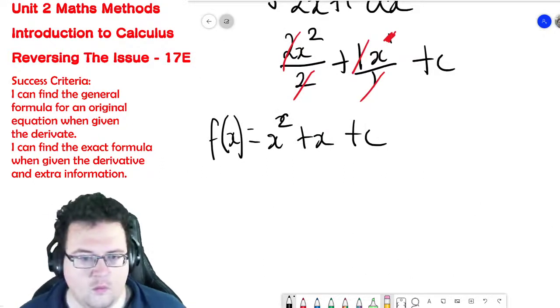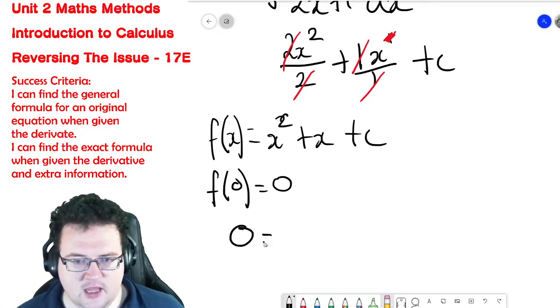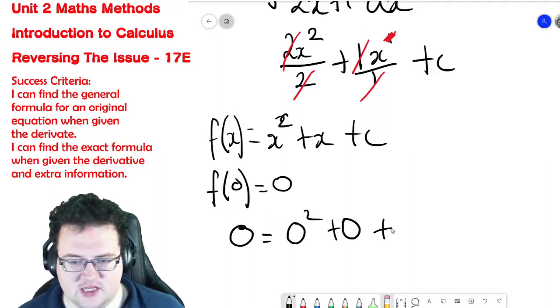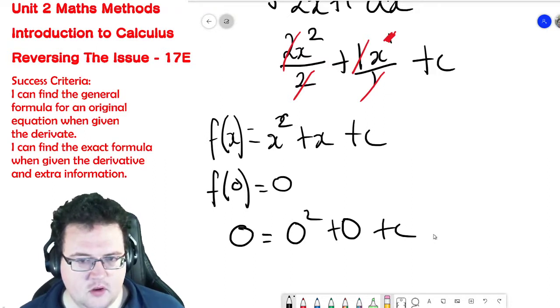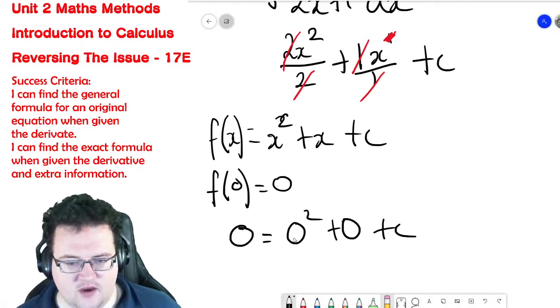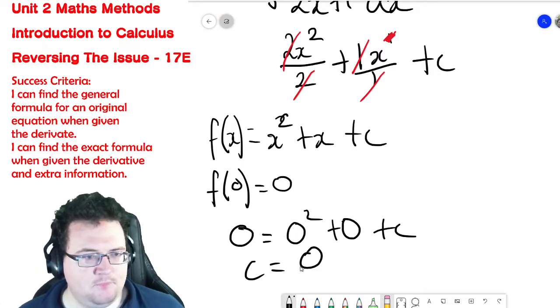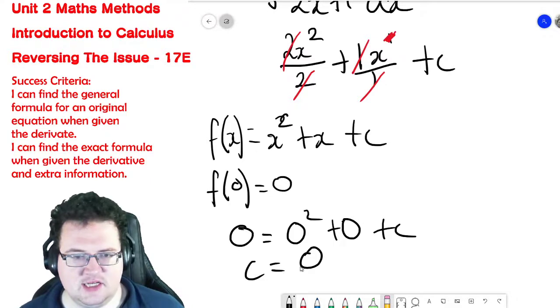So what I then need to do here is go, well, if f of 0 equals 0, then 0 equals 0 squared plus 0 plus c. Which means that I can then work out that c is supposed to be 0 as well. Only way that makes sense.